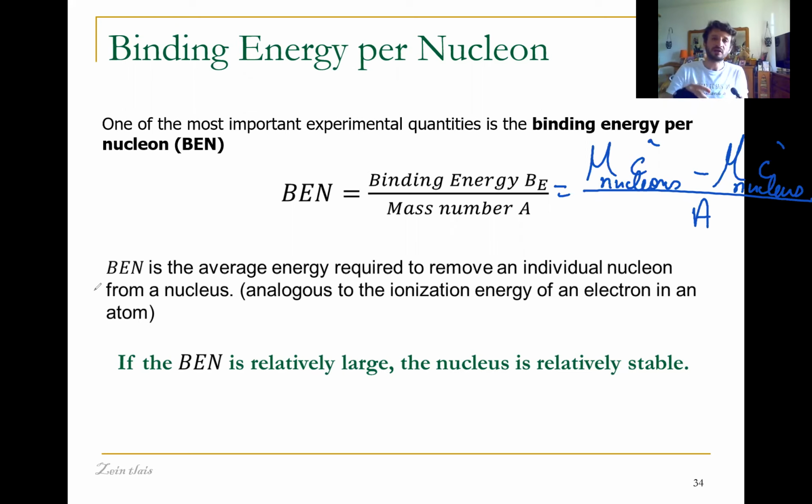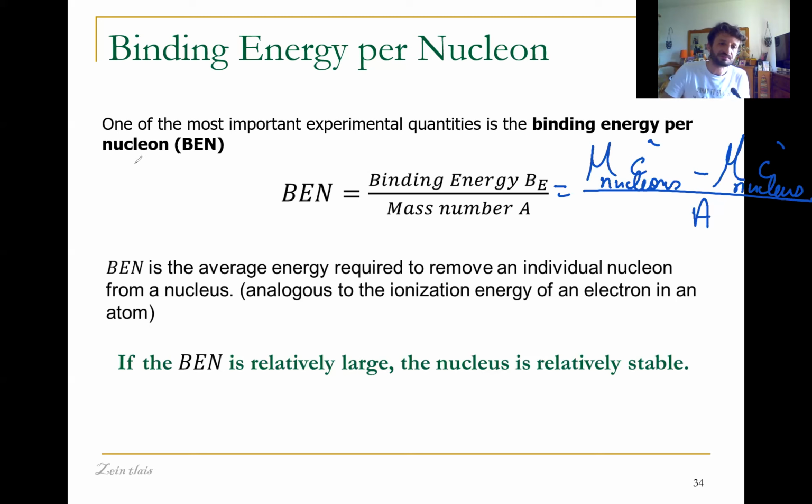We talked about, you know, the nucleons inside the nucleus being bound together by the strong nuclear force. In order to extract or remove one nucleon from the nucleus, we need some quantity of energy.